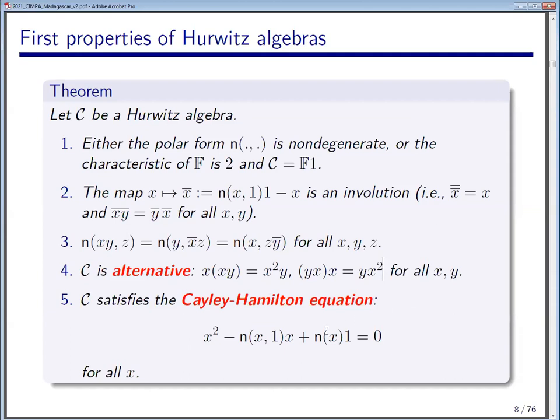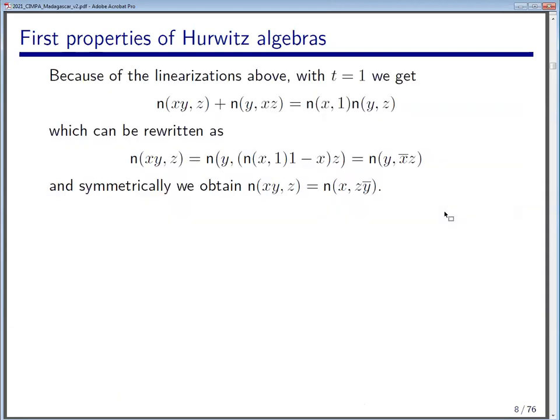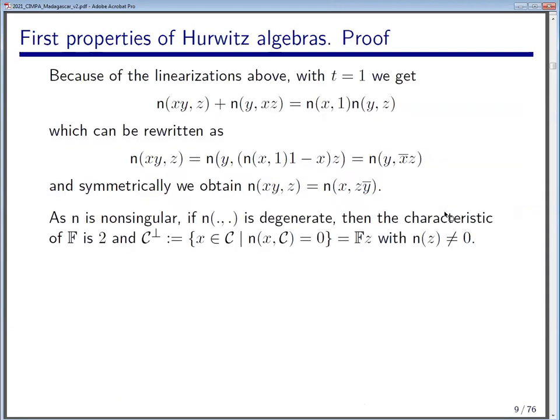In our case, the quadratic form that appears is the norm. It is the coefficient of 1. And the coefficient of x is given by minus the trace, evaluating the polar form in x and 1. Okay, so we had all these properties, and with these properties, we were able to deduce a few things.